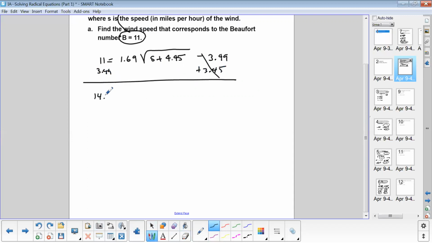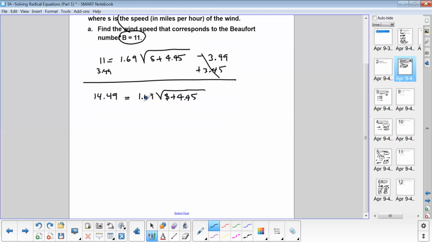So that's going to give 14 49/100 as part of the left side of the equation. And then I've got 1 69/100 times the square root of S plus 4 45/100 under the radical.